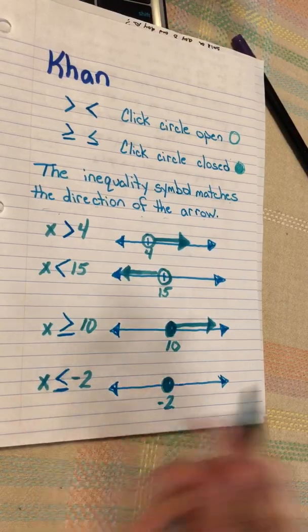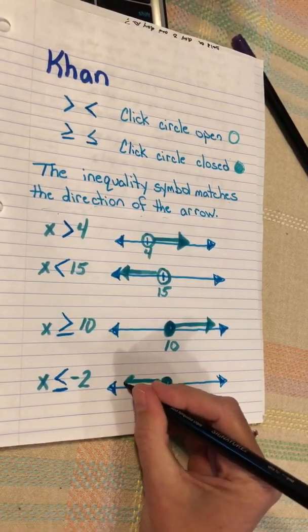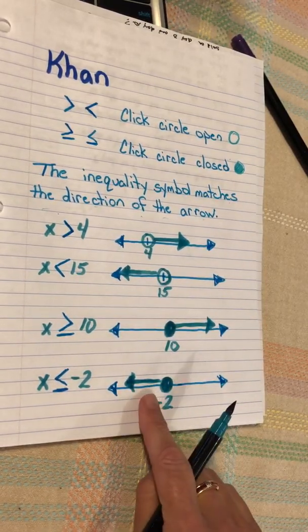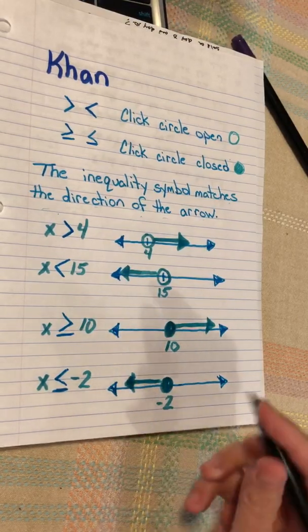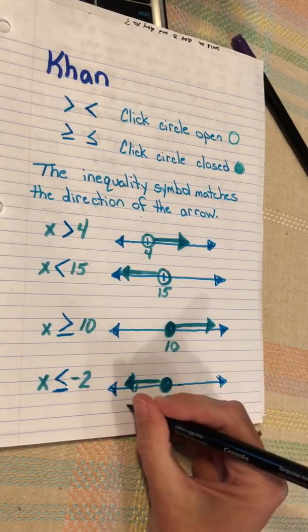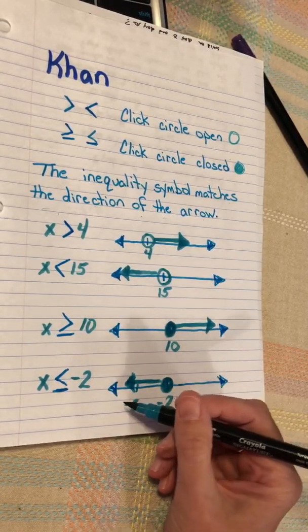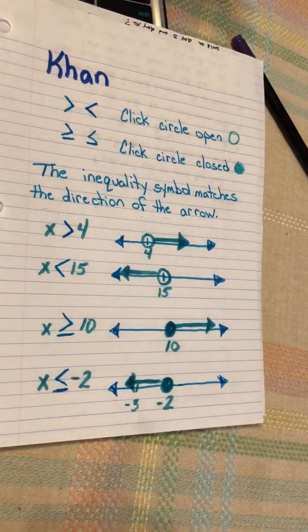My inequality is pointing to the left, so my arrow needs to go the same direction. We want all numbers that are equal to -2 or less than -2. So we could have a -3, we could have a -10, we could have a -20.